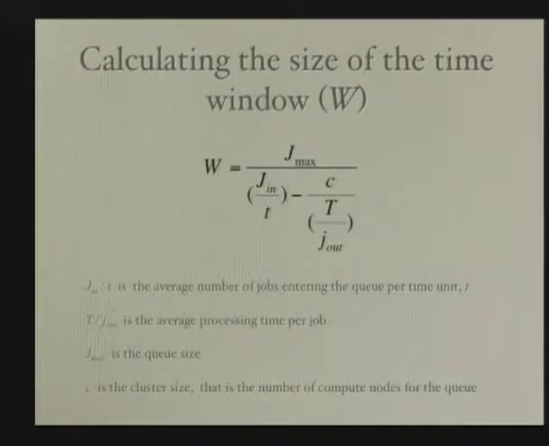For the case of queues, like I mentioned, there are many factors to decide sliding time windows. The first one is the average number of jobs entering the queue per time unit, and the next factor is the average processing time per job.